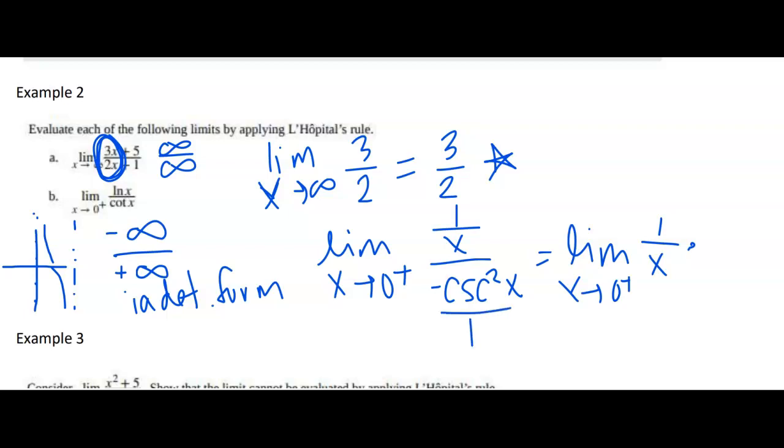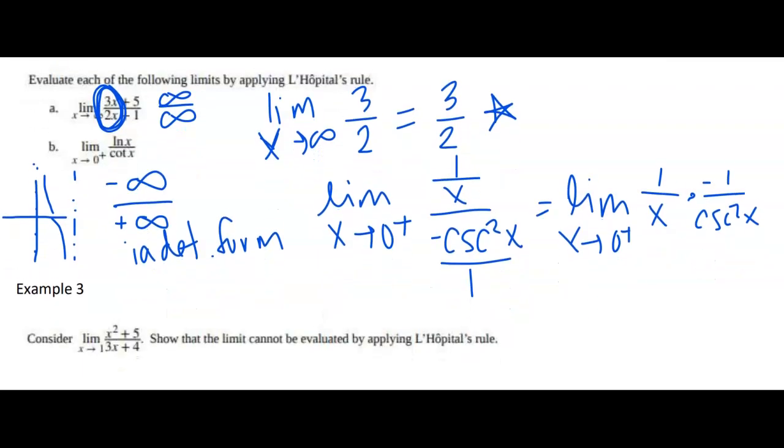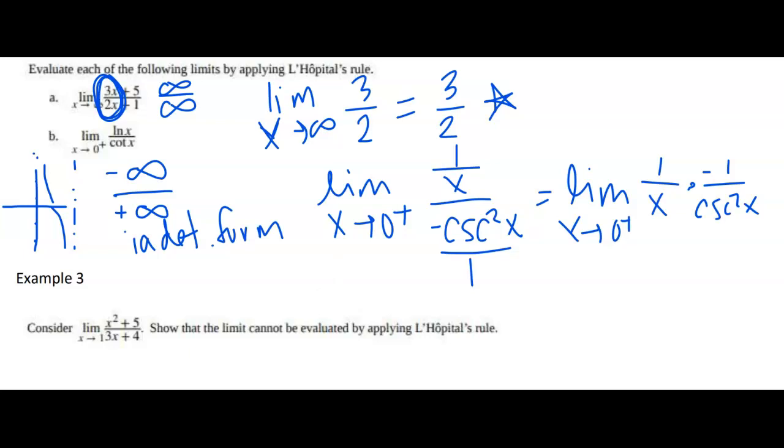So if I multiply by the reciprocal of that, now cosecant is 1 over sine, so this is going to end up being the limit as x goes to 0 from the right of 1 over x times negative sine squared x over 1.